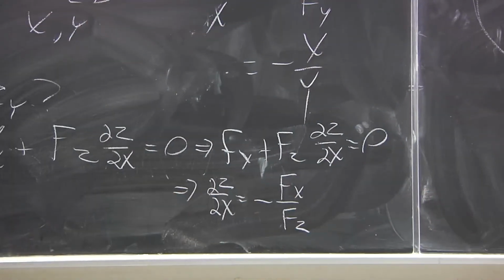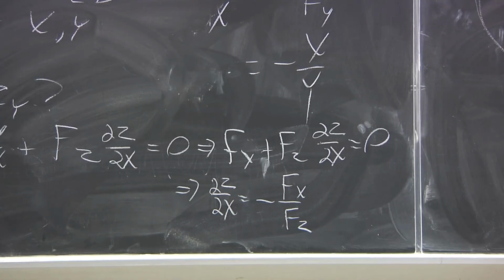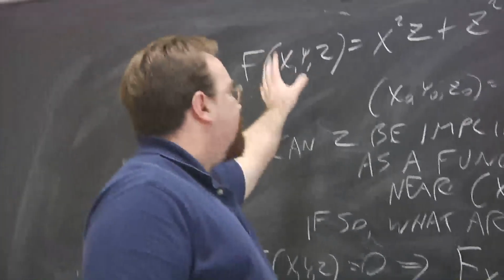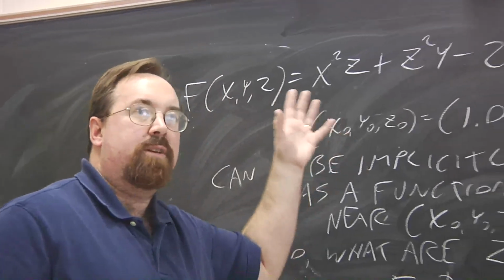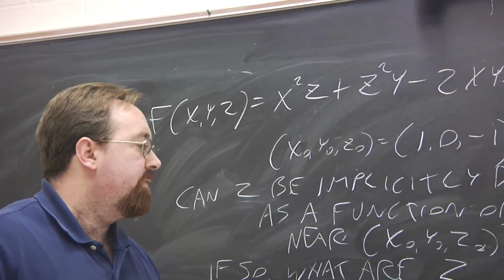So whatever variable is a dependent variable, z in this case, it was y before, the partial of your equation's function with respect to that variable, the dependent variable, cannot be 0.